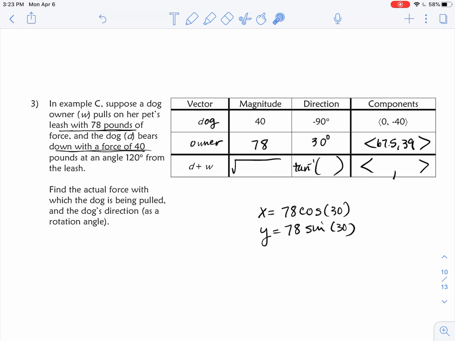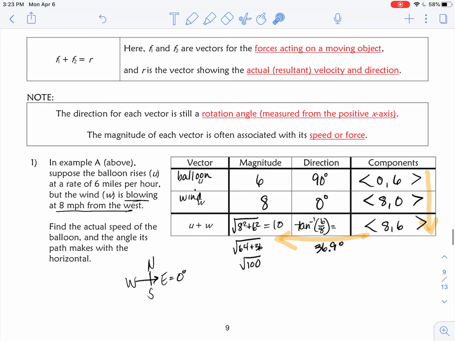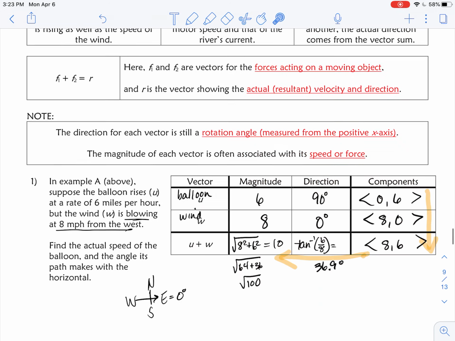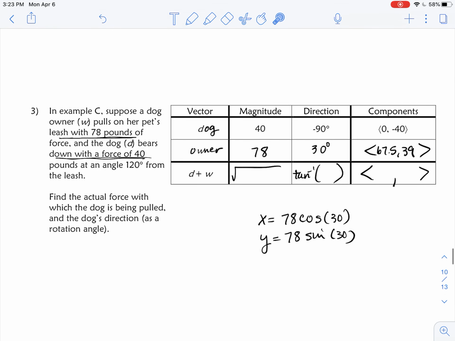And so let's just check this, because if you're not 100% convinced on that direction, that 30 degrees, let's look at our components. We need to be going to the right and up. Let's look at the vector for the owner. From tail to tip, is this vector going right and up? It makes sense.